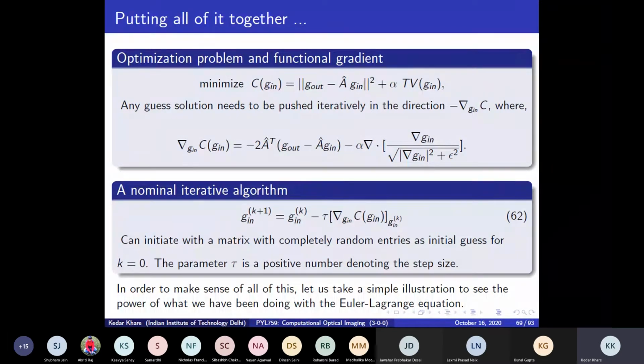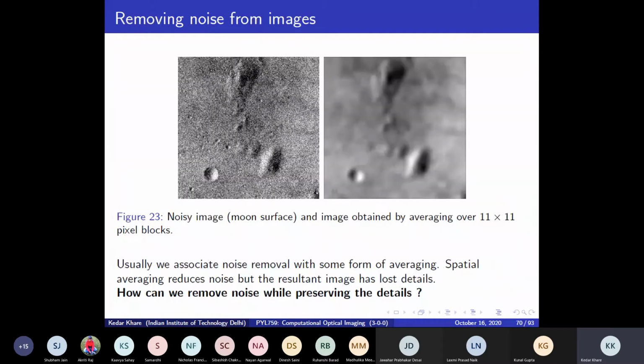And I was discussing this idea that we have a trade-off here, that we are going to find a G in which is close to G out, but not exactly the same as G out, because we want to have a trade-off with the TV functional. So you have the image from a telescope, for example, of the moon's surface, and then you want to remove the noise.